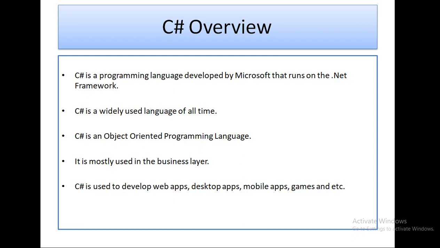After learning C sharp, you can develop a web application, or a desktop application, or a mobile application. There are many other things like web services, APIs, and games also that you can develop with C sharp.